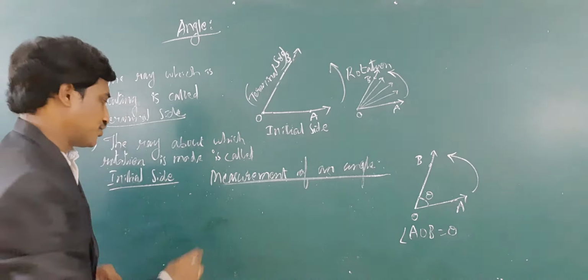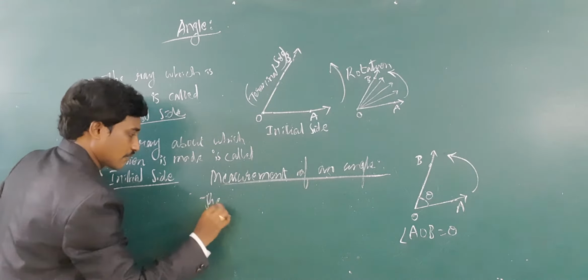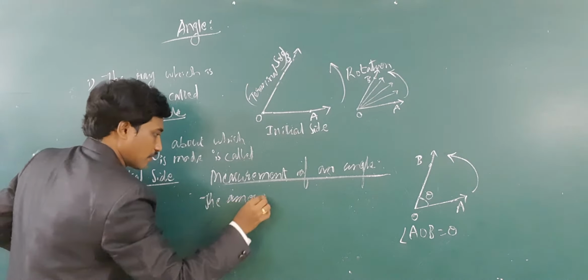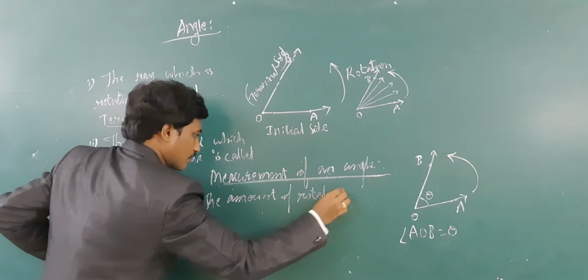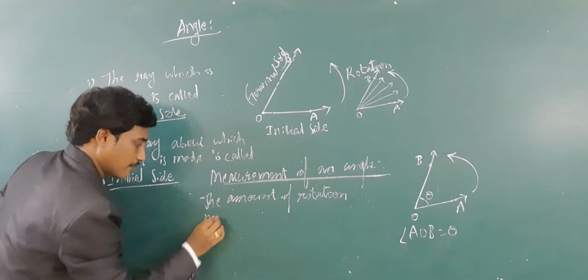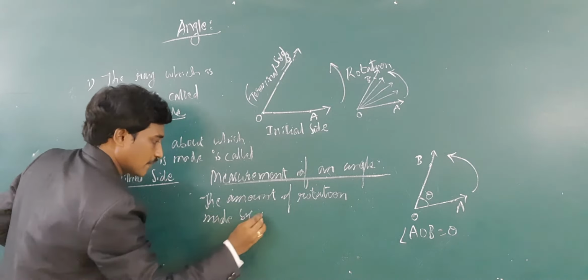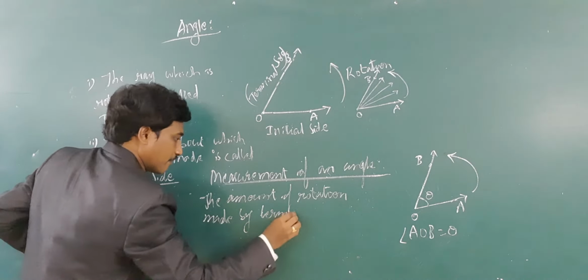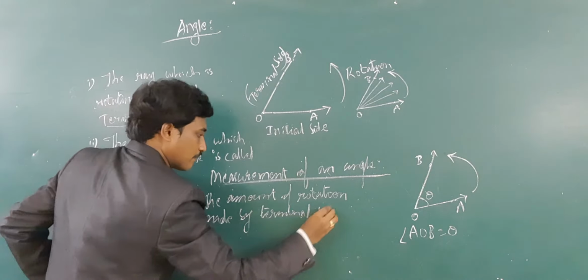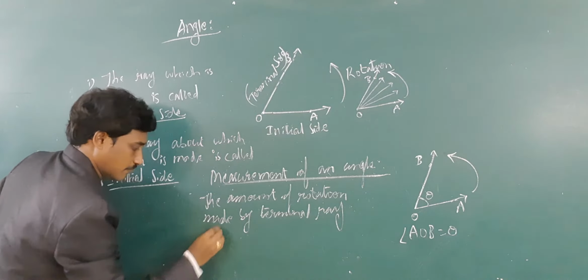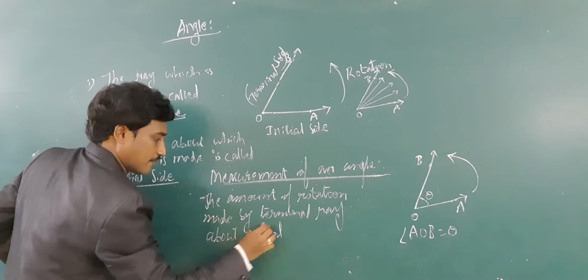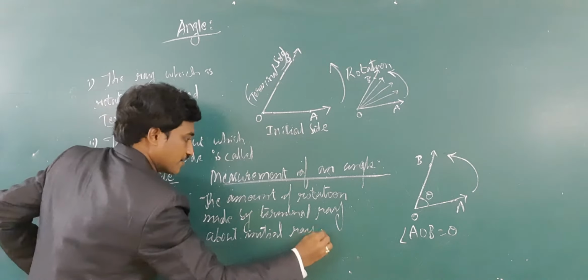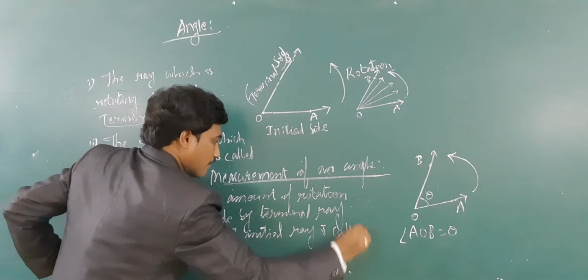The amount of rotation made by the terminal ray about the initial ray is called the measure of the angle.